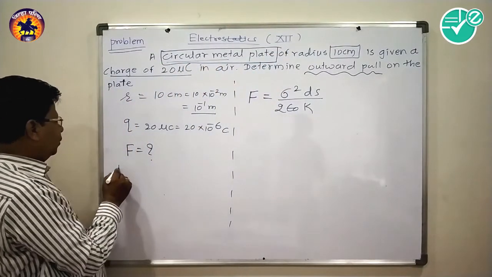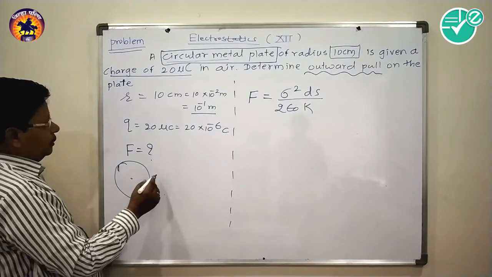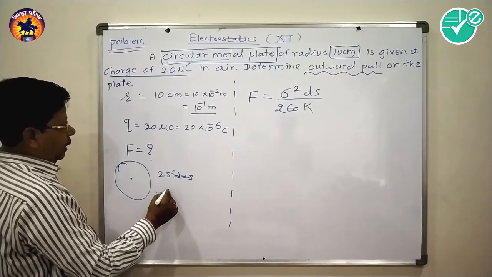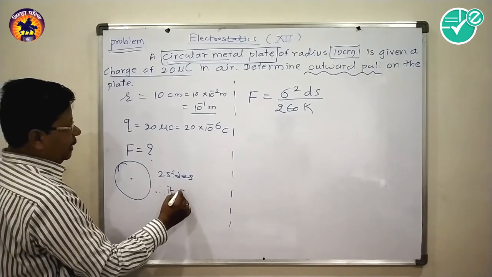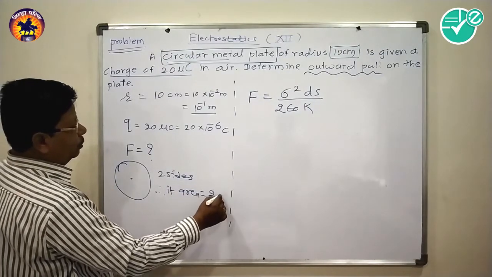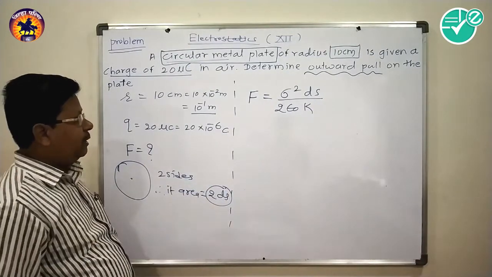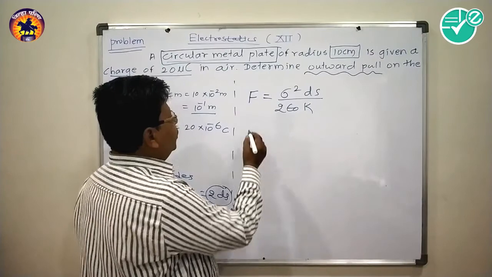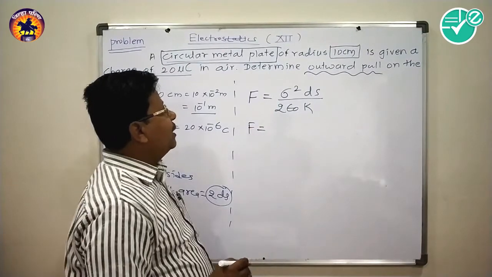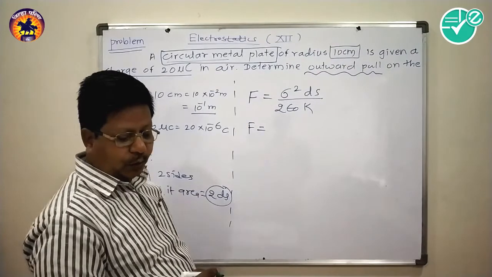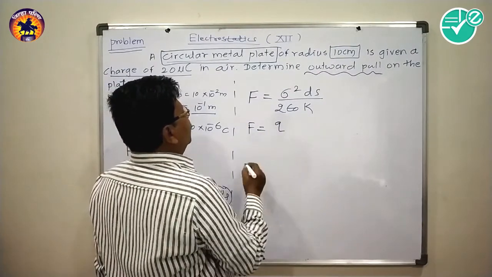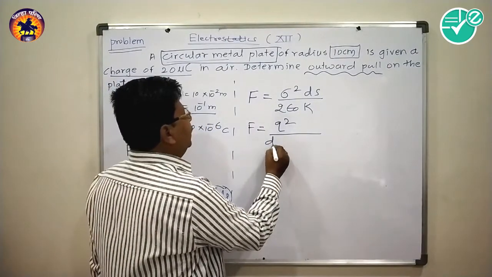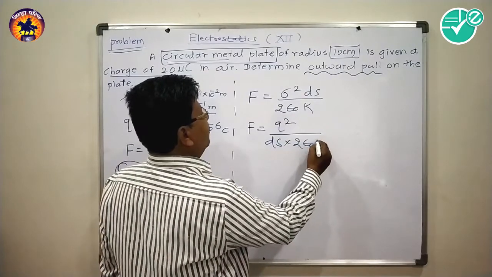So the circular metal plate has two sides, and therefore it has area equal to 2 times dS, and therefore our formula becomes F is equal to sigma square, again sigma is equal to q by A, therefore F is equal to q square divided by dS into 2 times epsilon 0 K.